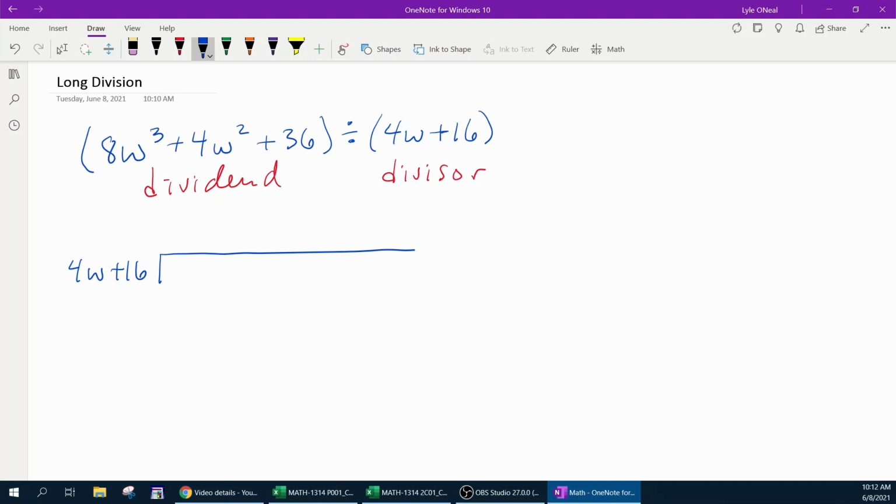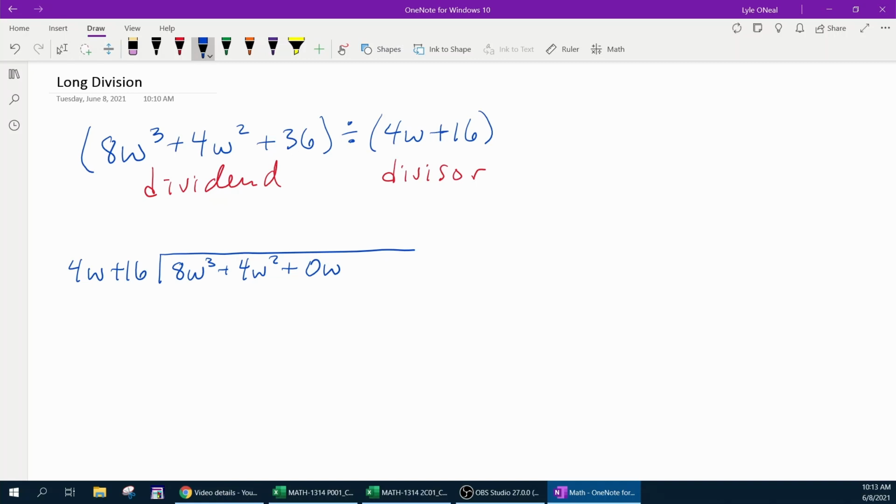But listen, every term has to be represented. So we're going to have 8w to the third. Since our highest power is w to the third, every power of the variable is going to have to appear down here. So next we have plus 4w squared. Notice there is no w to the first power, so we're going to have to put a placeholder.